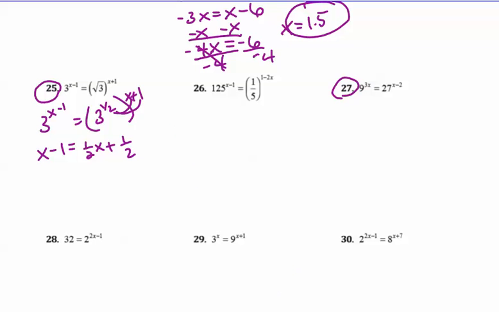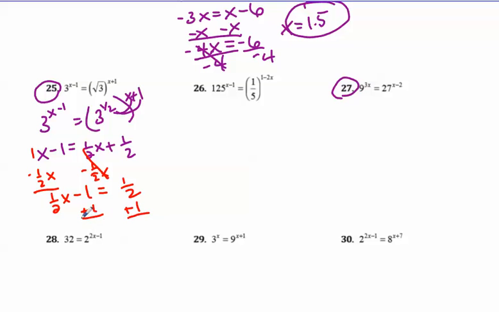Alright, next I need to get my x's together. So I'm going to subtract 1/2 x. That will cancel these out. And a whole x minus a 1/2 x is a 1/2 x. Minus 1 equals 1/2. And then add the 1.